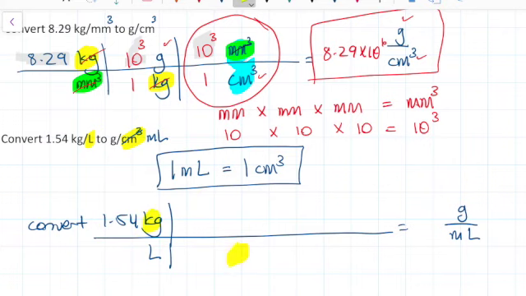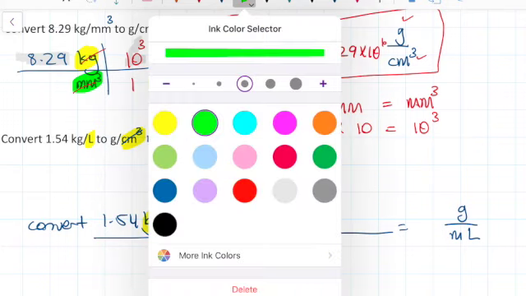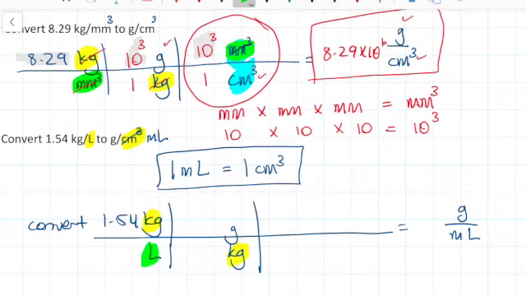Okay, so here we have kilogram. I'm going to go kilogram to gram. And here we have liter. I'm going to go liter to milliliter. Okay, I can do these. I'm very, very advanced now, and I can do these very easily.